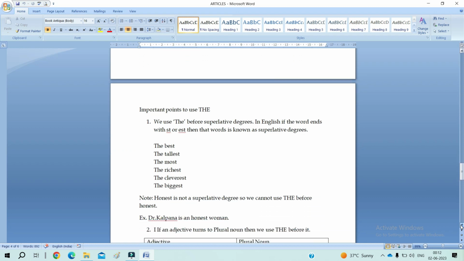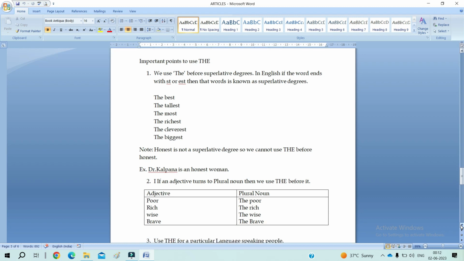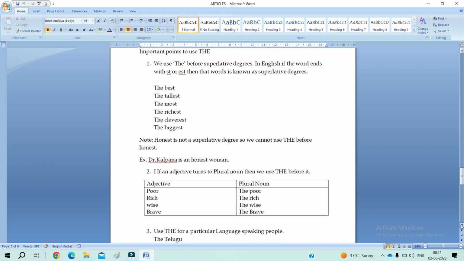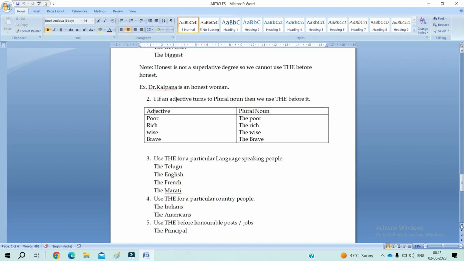Next point: if an adjective turns to a plural noun, then we use "the" before it: poor, the poor; rich, the rich; wise, the wise; brave, the brave, likewise.